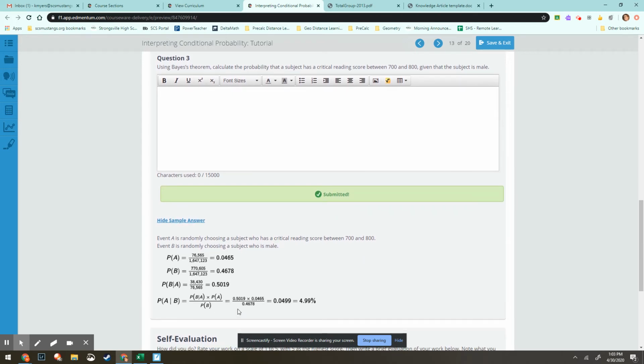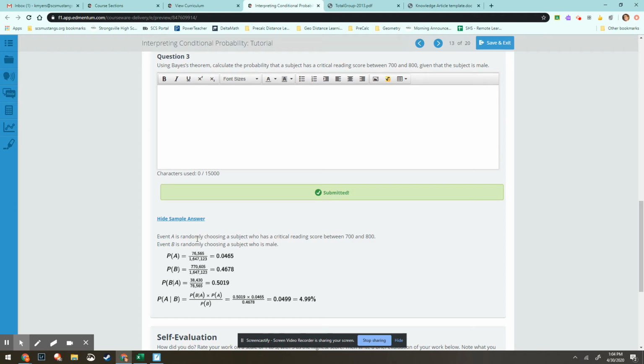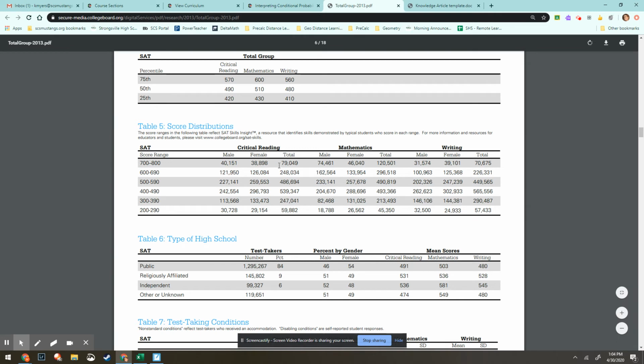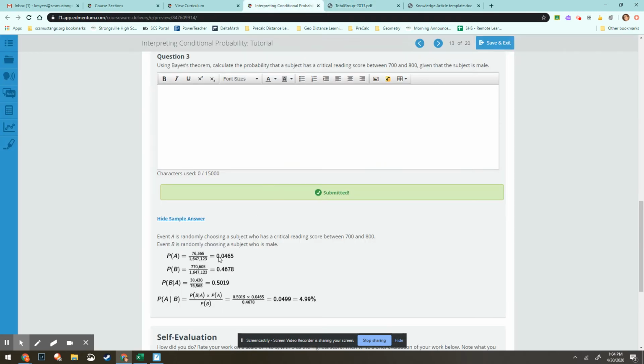And part of the reason that I don't want to do this is because these numbers here don't actually match the table. Like if we look at the probability of you getting between 700 and 800 on the critical reading, here they have 79,049. Here they have 76,565. So the numbers are all off anyway, and I don't want to confuse you. But basically, you calculate those three different probabilities and you put them in the formula, you plug and chug, and you get 4.99%.